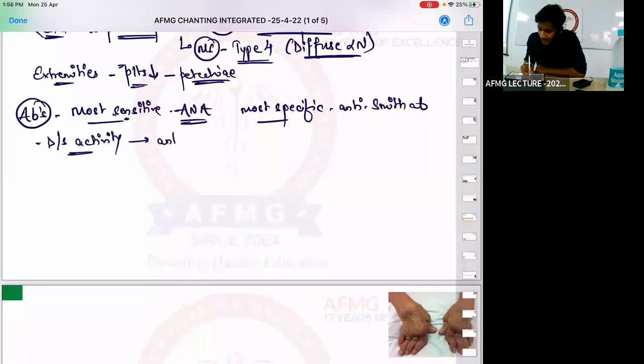It is anti-double-stranded DNA antibody. Which antibody tells me about the disease activity? Anti-dsDNA antibody. No issues with this now?